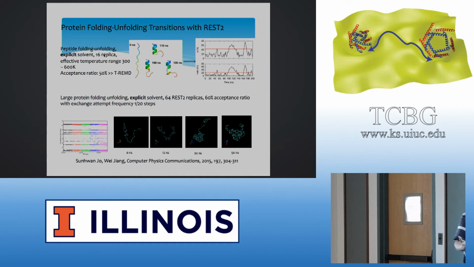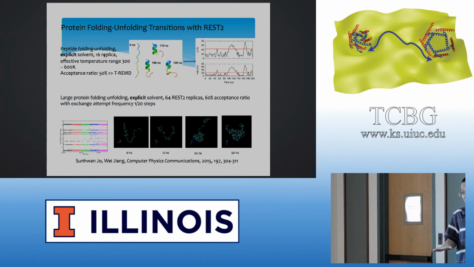This system is very big. It's not a peptide at all. It's a protein. This system has around 200 residues, totally over 3,000 atoms, not including the solvent. The whole system has around 100,000 atoms.